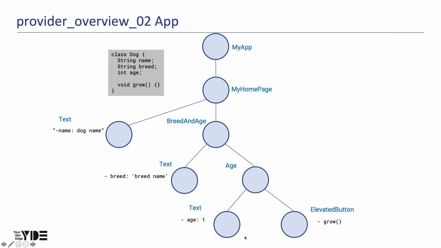However, the wrap position must be located above the widget that needs the dog instance in the widget tree. It should be noted here that the provider itself is also a widget, which means that the provider exists in the widget tree. But you need to pay attention to the word above. I'll explain the details related to what you need to pay attention to later.